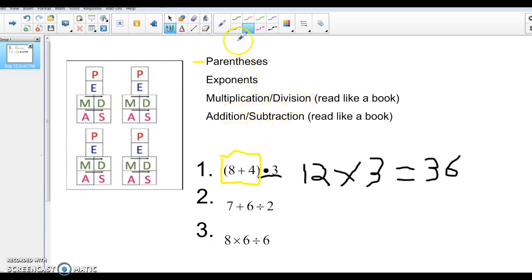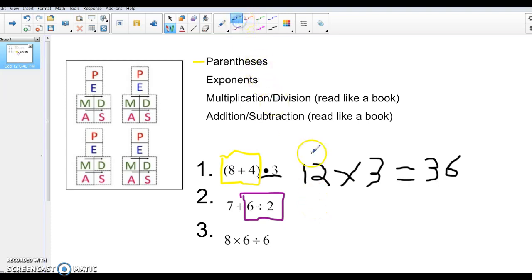So we are going to divide 6 divided by 2, because we read it left to right, so we're not going to divide 2 by 6. 6 divided by 2 gets us 3.